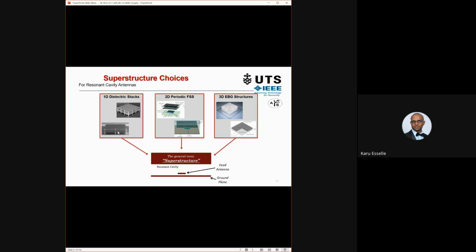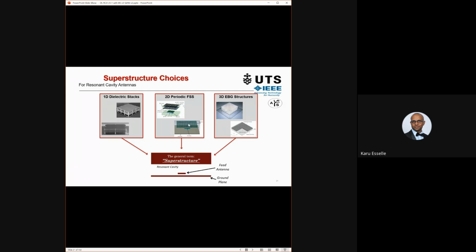So these are one-dimensional stacks, and these antennas are inspired by 1D electromagnetic band gap structures. I will explain how these are related to 1D EBG structures. Then the second type: the superstructure is a two-dimensional periodic surface, like a frequency selective surface that we discussed yesterday.